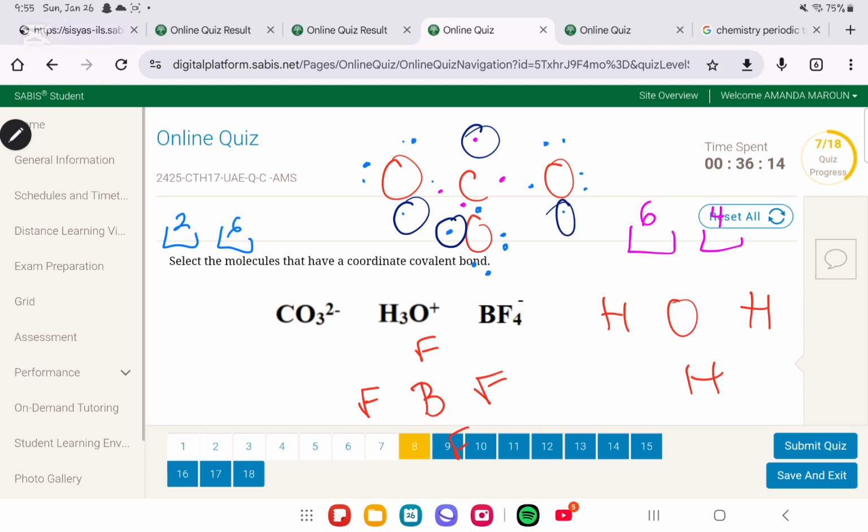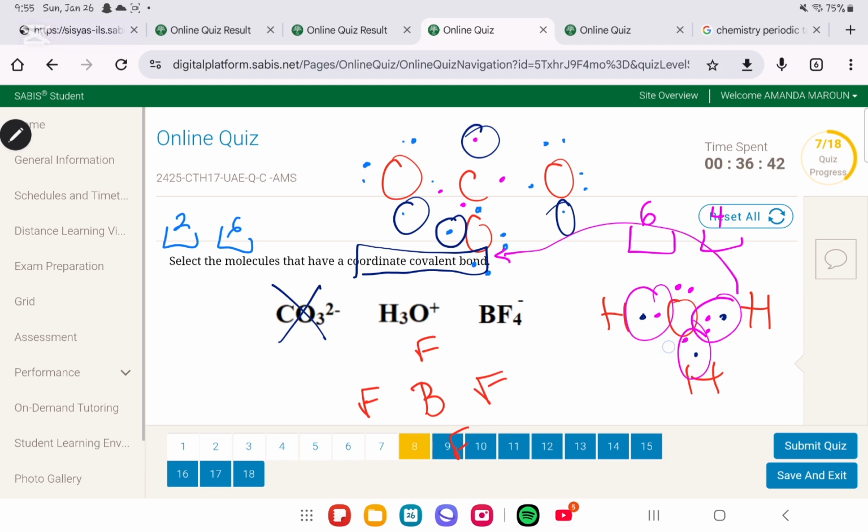So it's definitely not applying coordinate covalent bonding. So this is incorrect. If we move on to the H3O, we're gonna have 1, 1, 1, and then oxygen has an atomic number of 8, so 1, 2, 3, 4, 5, and 6. So as you see, this has one bond that is coordinate covalent, and these are regular bonds, so definitely this applies the rule.